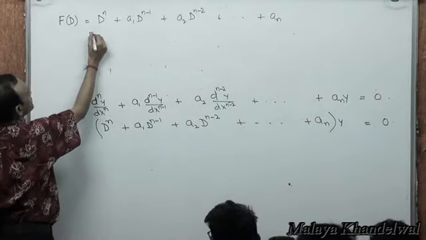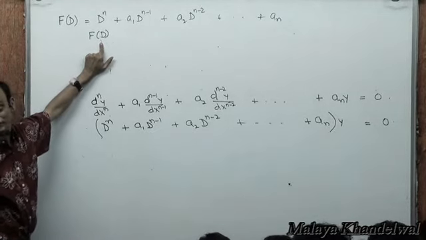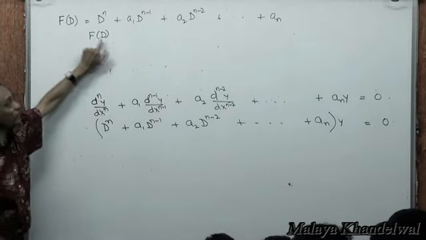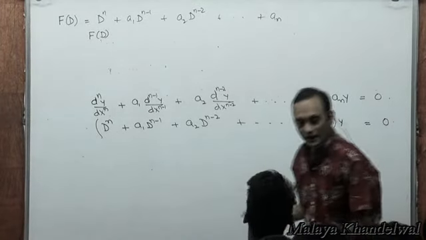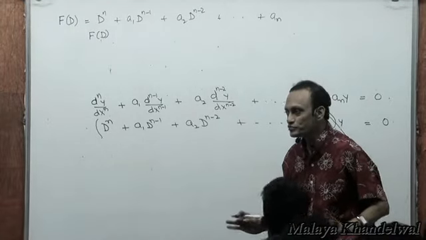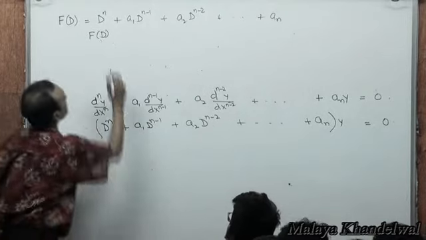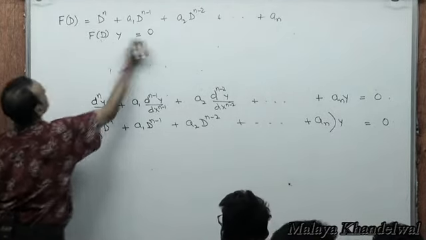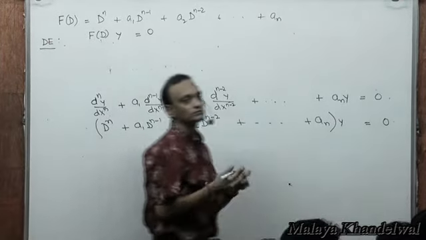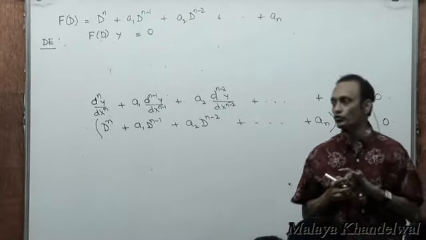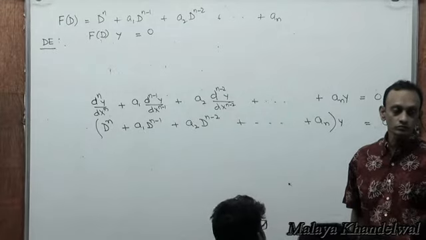So my differential equation is F(D), which is an operator function, acting on y is 0. Is it getting too terse for you, or are you okay? Any confusion? F(D) acting on y equal to 0 is my differential equation.